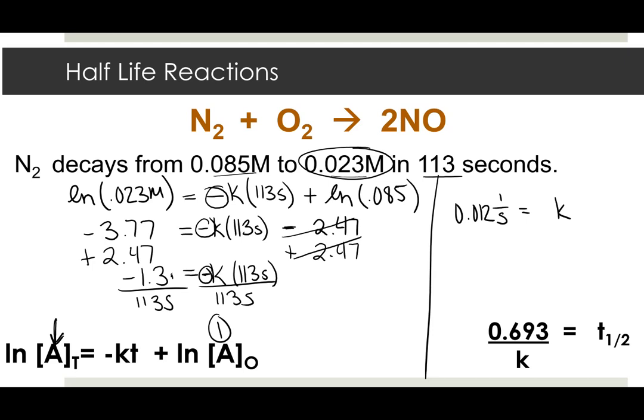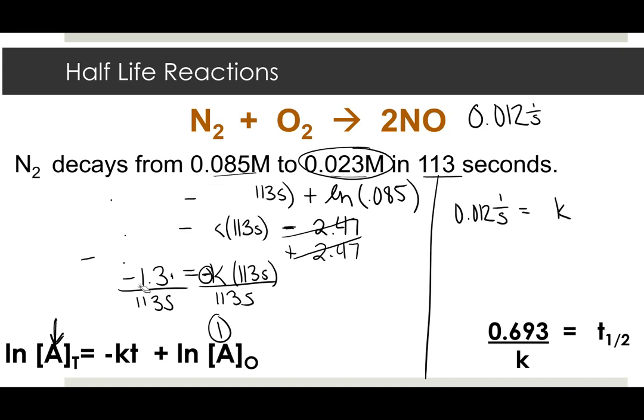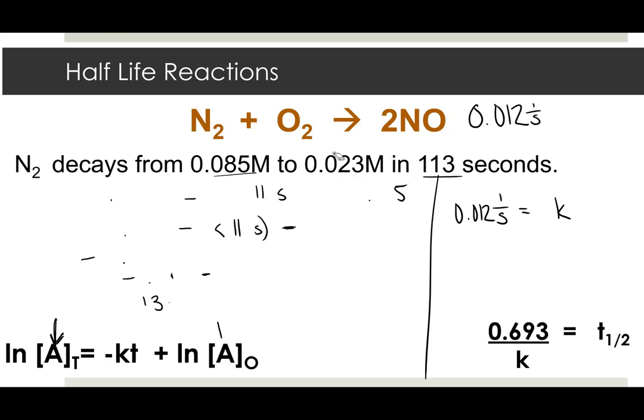Okay. So what is the k for this reaction? Well, k is 0.0121 per second. Okay. What else did it ask us to do? The first step was to solve for k.